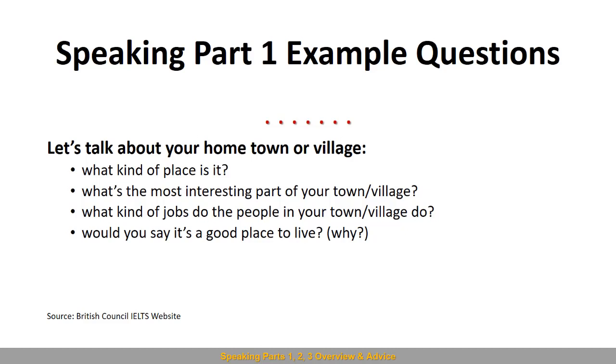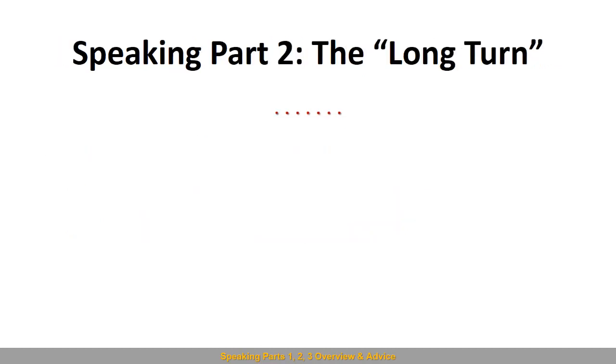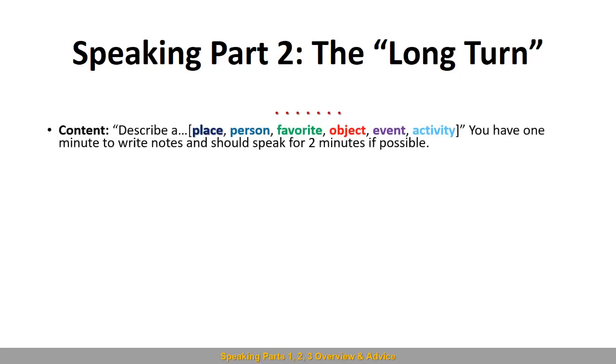They're about you. Next is everyone's favorite, and I say that a little bit sarcastically, speaking part 2, the long turn. For this part, you're going to talk for, they say, 1 to 2 minutes, but actually you want to speak for about 2 minutes.